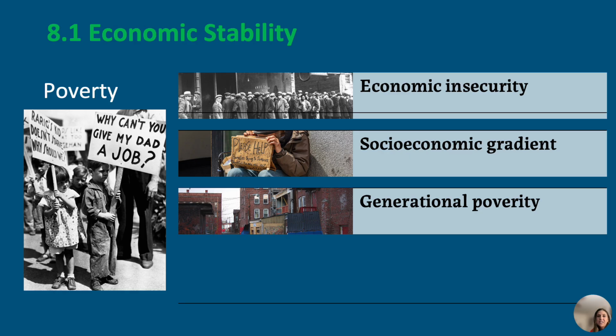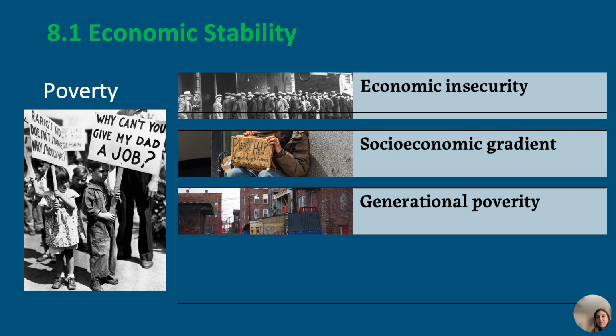So in the United States in 2021, up to 12% of the population would be considered living in poverty. The socioeconomic gradient, this is another term for a relationship between income and health. This is the association between low socioeconomic position and increased disease risk and premature death.